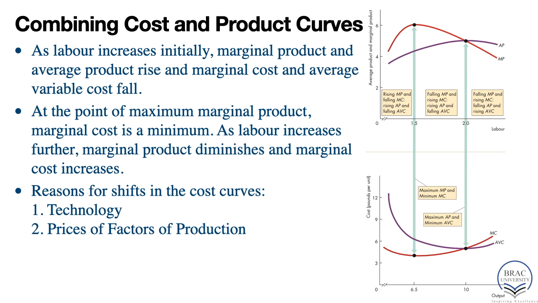Whereas a change in the wages or some other type of variable cost shifts the variable cost curves, with the total cost curve and the marginal cost curve, upward. And this time it leaves the fixed cost curves unchanged.